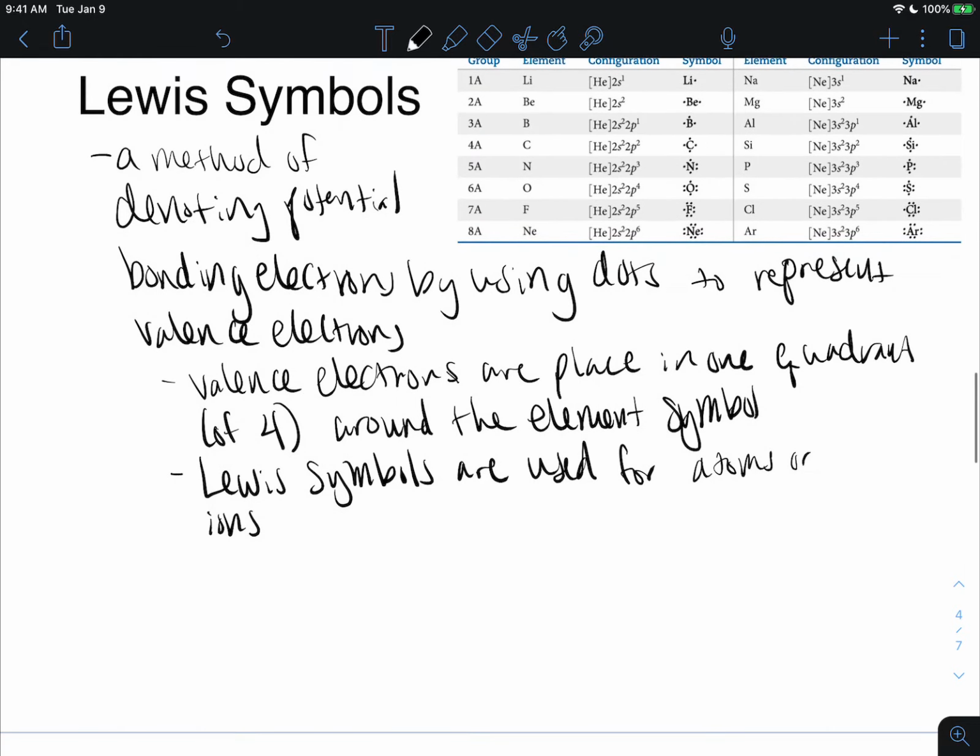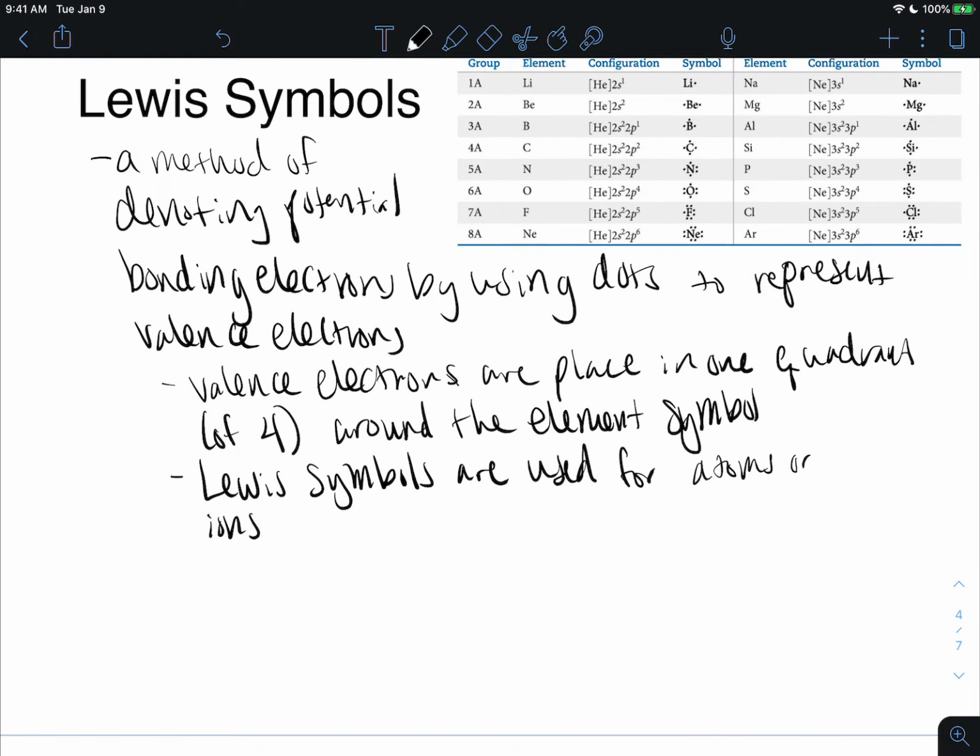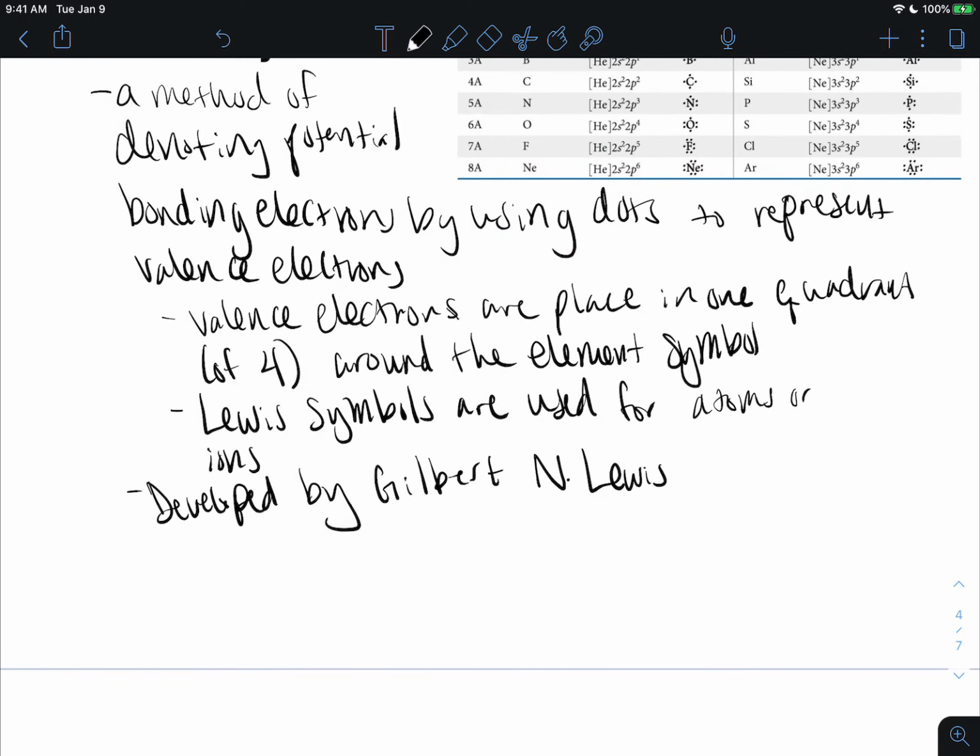And it's called a Lewis symbol because it was developed by Gilbert Lewis. So the Lewis symbols, as I said, can be a really good way of kind of showing how we can make bonds within a compound or molecule.